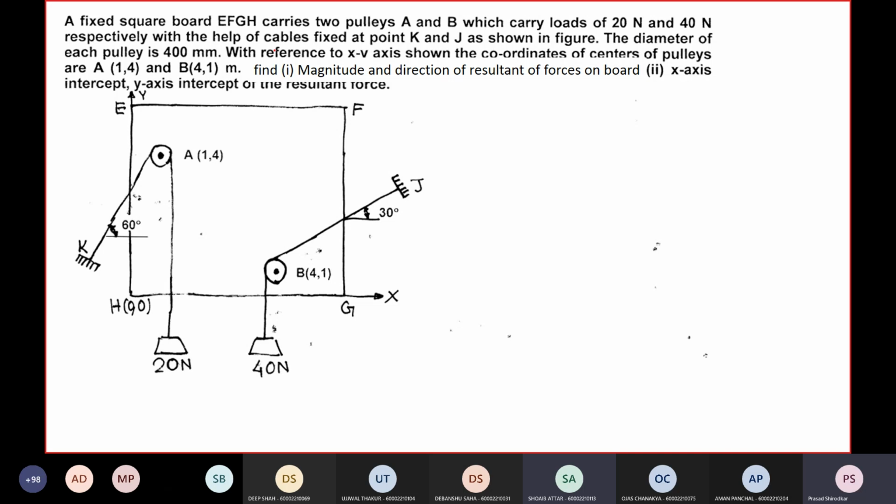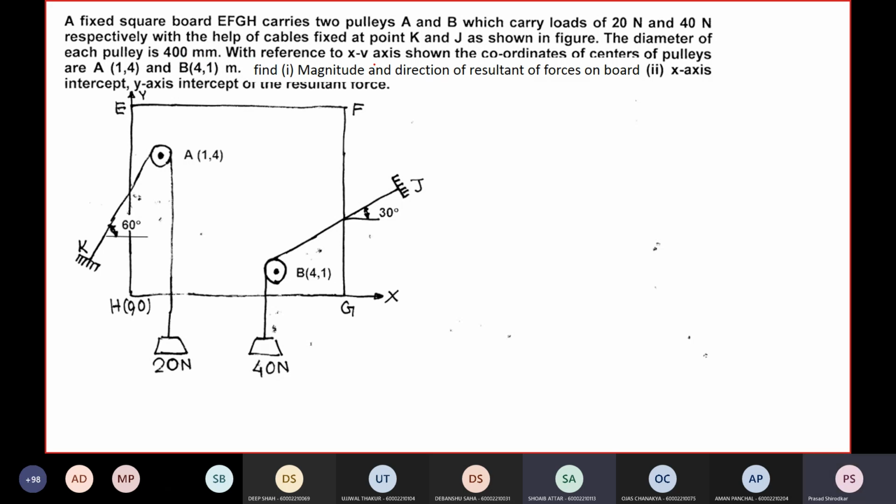A square fixed board EFGH carries two pulleys A and B, which carry loads of 20 newtons and 40 newtons respectively, with the help of cable fixed at points K and J as shown in the figure. The diameter of each pulley is 400 mm.